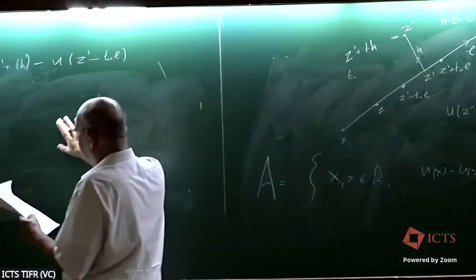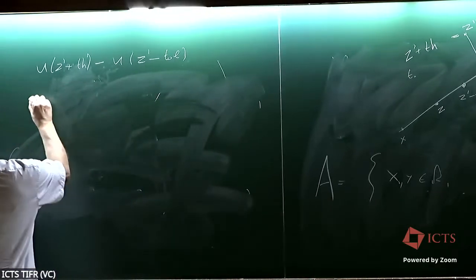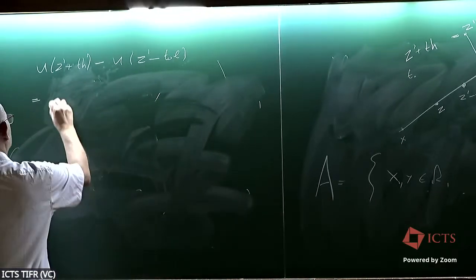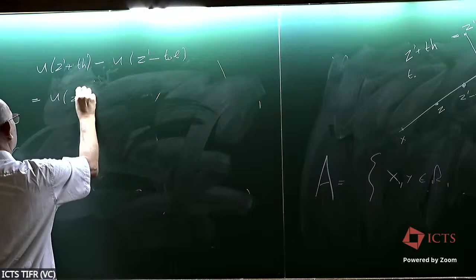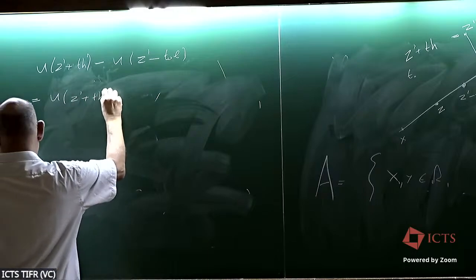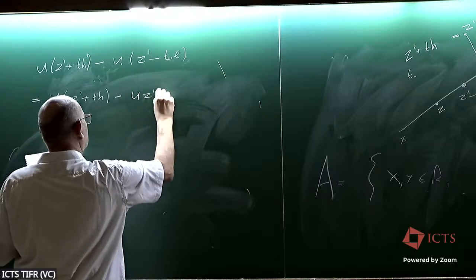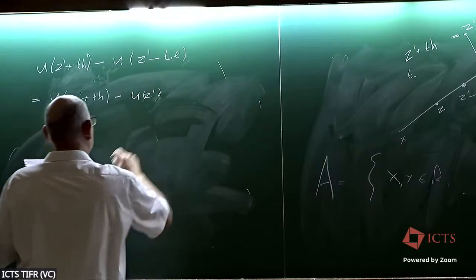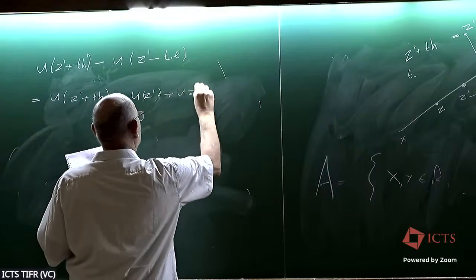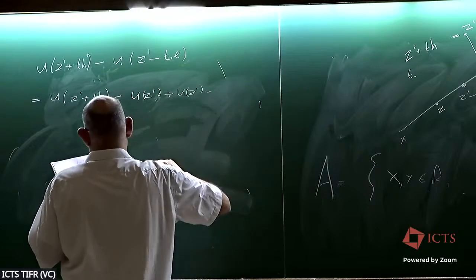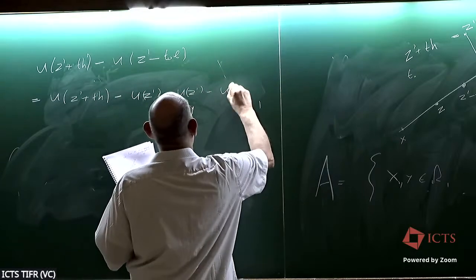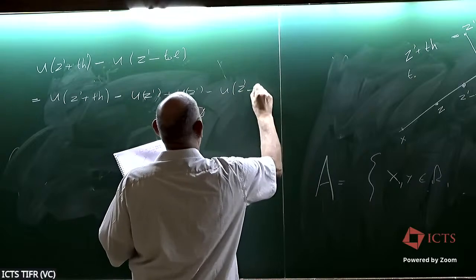So we write it like u at Z prime plus TH minus u at Z prime, plus u at Z prime minus u at Z prime minus T0E.